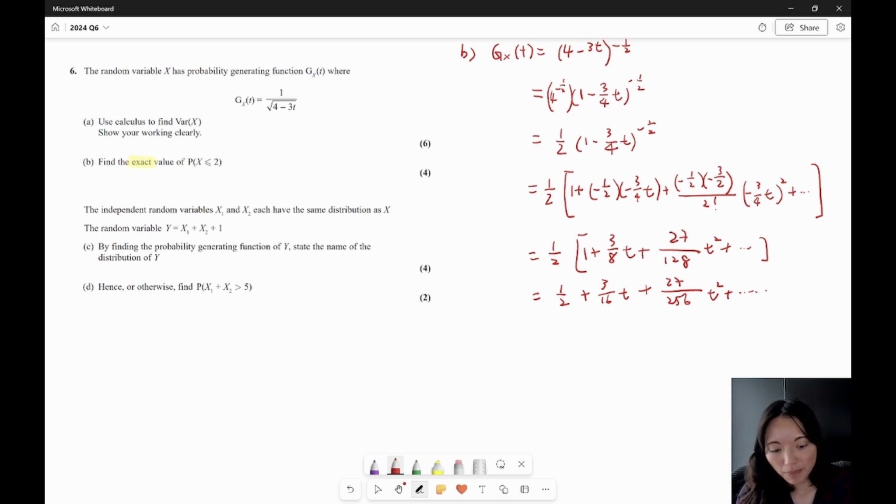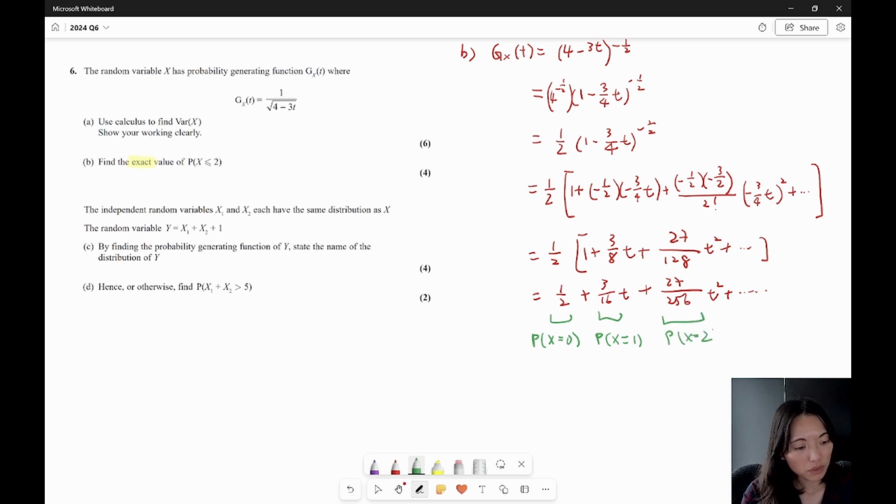And by definition, the constant term is p of x equals 0. The coefficient of t is probability of x equals 1. The coefficient of t squared is probability of x equals 2.